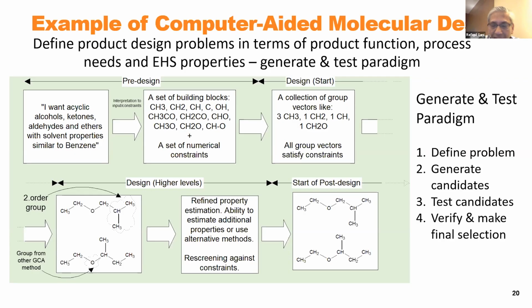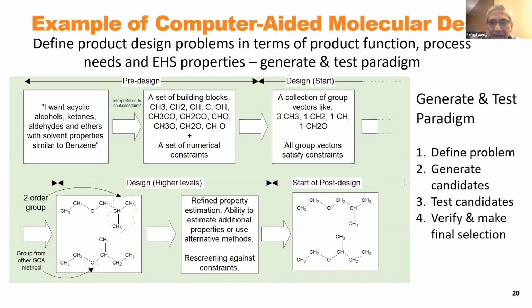Then we know the target properties of benzene, the solvent properties, which are very good. So we combine the groups to form molecules, and then we check the properties. And if they are satisfied, we generate more molecules through isomer generation. And then finally, we check whether they satisfy our requirement. This is the generate and test.